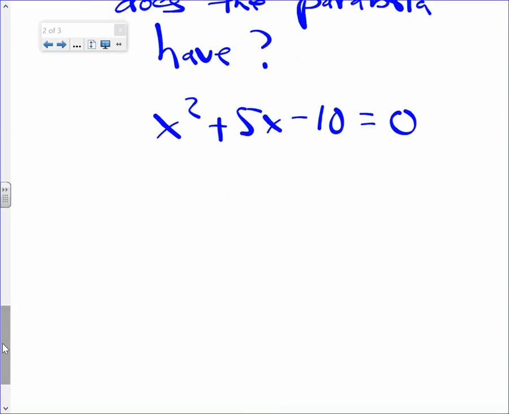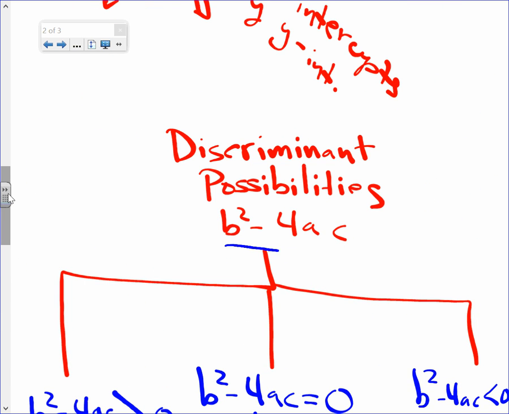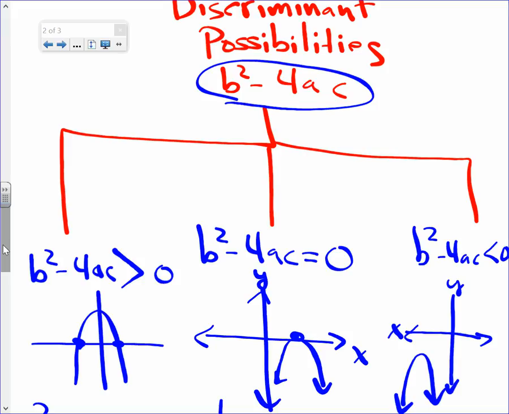Okay, here's what we're going to do. Let's go to the discriminant. Let's calculate this to see what scenario we're dealing with. Then we'll be able to say how many x-intercepts. You see what I'm saying? So we're going to use b squared minus 4ac, which is called the discriminant, because it helps us discriminate between this situation. What situation are we dealing with?